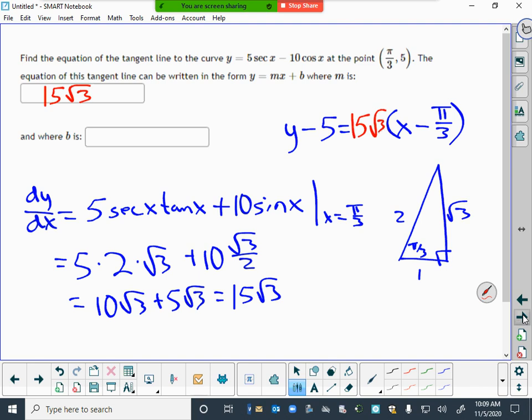The b is going to be a little messier because it's going to be negative 15 root 3 times pi over 3 plus 5. We could simplify a little bit here and make this a negative 5 root 3 times pi plus 5.